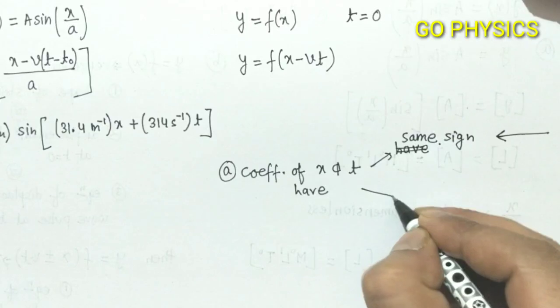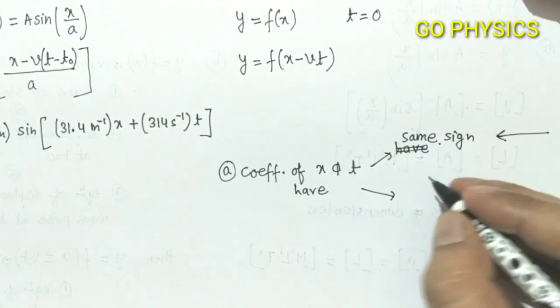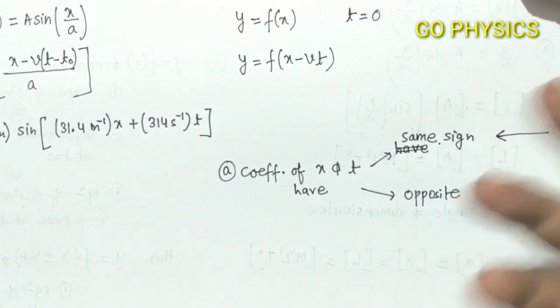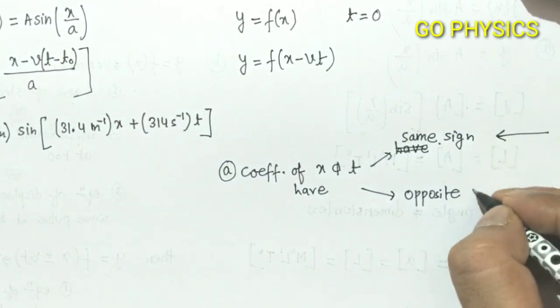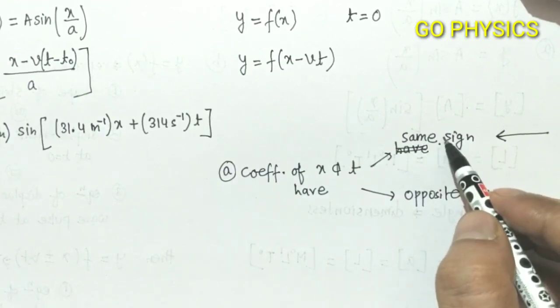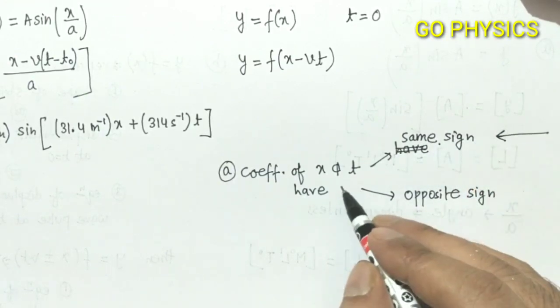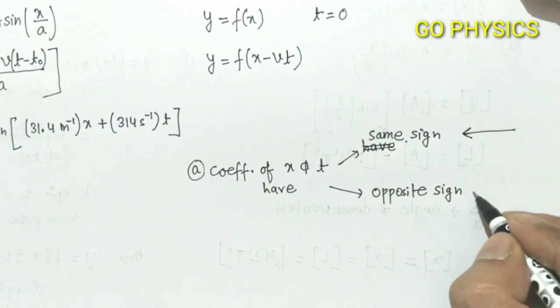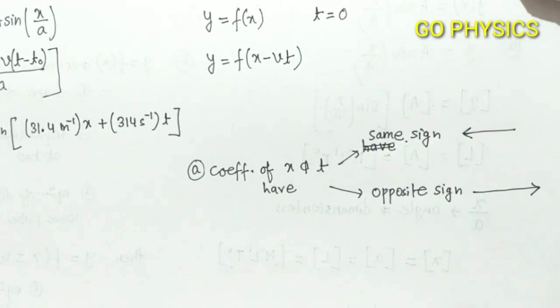Same sign means either both positive or both negative. If the coefficients have opposite signs, meaning one is positive and the other negative, then the given wave is traveling along the positive x direction.